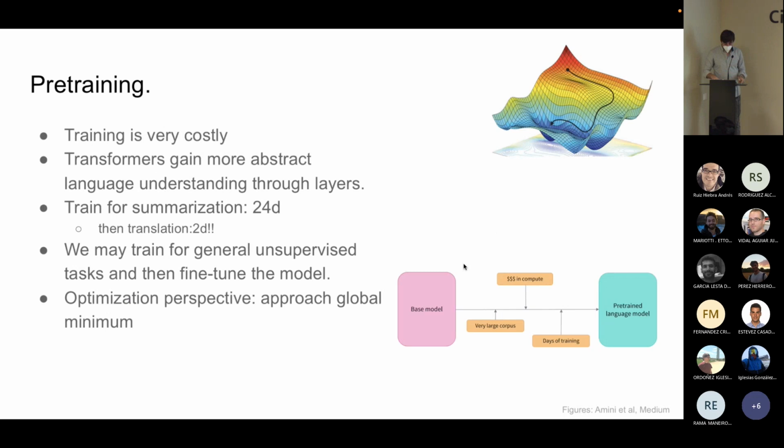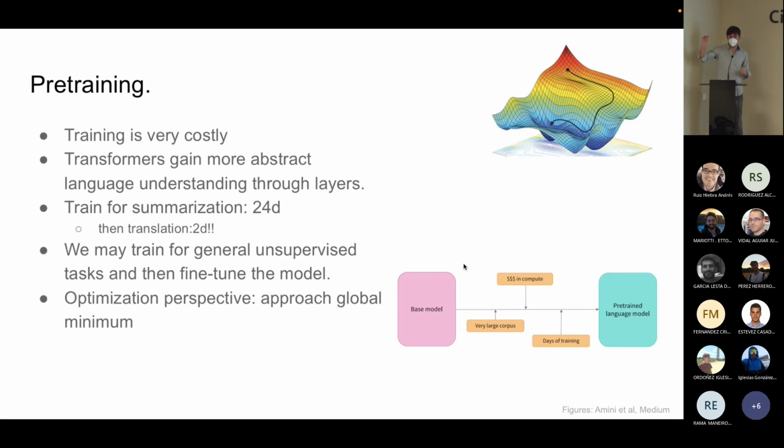Also, a very interesting trend in transformers is pre-training. It's very costly. Training a big transformer from scratch can take as long as a month on powerful GPUs. So what is done is, it was observed that you train a model for translation, then you want to train it for summarization or reverse, like in the slide, and the training time is a lot less.